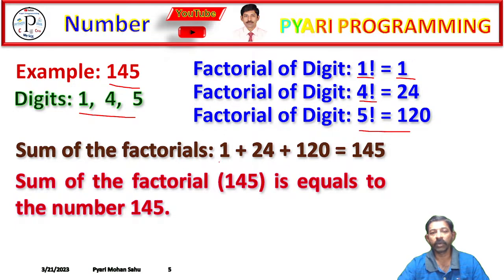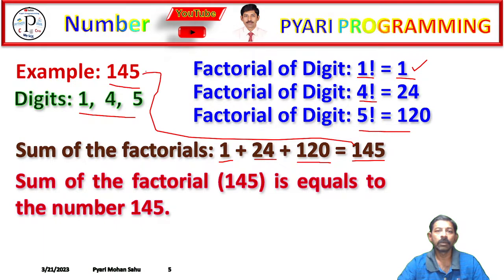How to get the sum of factorials? 1 is the 1 factorial, then 24 is your 4 factorial, then 120 is your 5 factorial. Now sum is your 145, which is equivalent to your original number. That's why it is a special number or Krishnamurty number. Otherwise, it is not a special number.